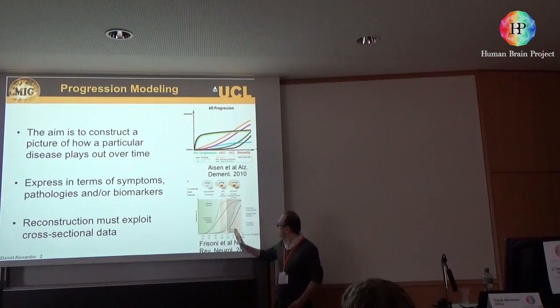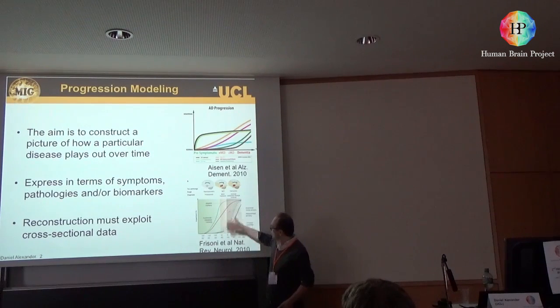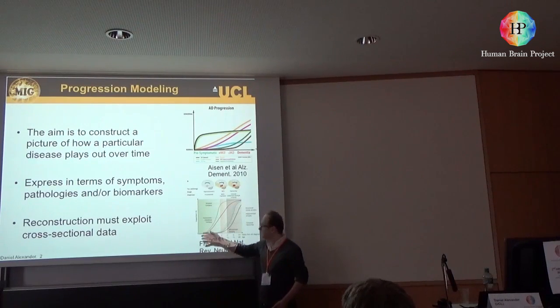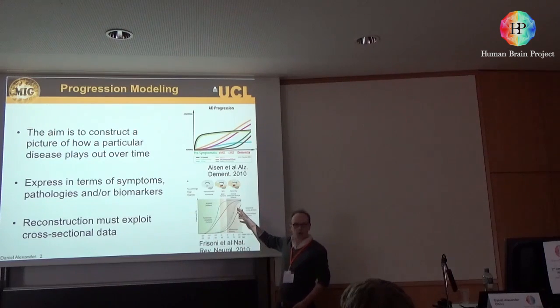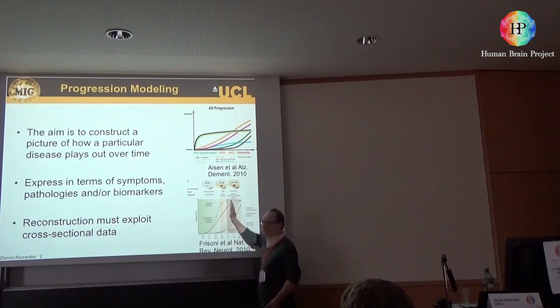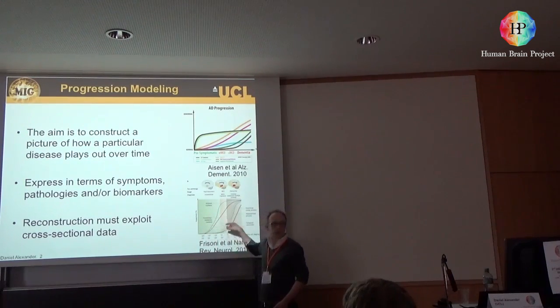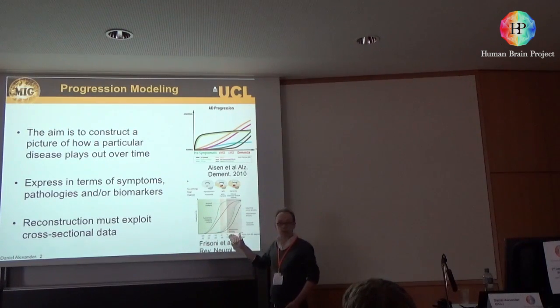What we have is a large number of snapshots at single times through these pictures, but at unknown positions along this progression. The modelling and learning challenge is to piece together the larger picture of the disease from this large set of snapshots at unknown points along the time progression.